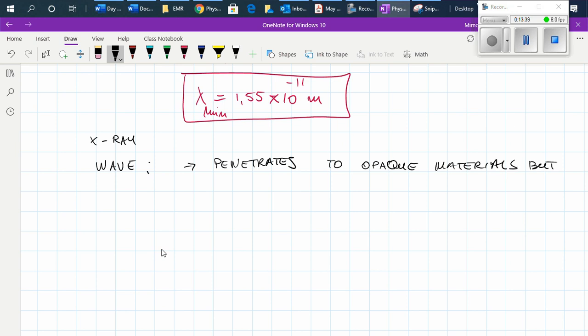This is why they are widely used in the medical field. And X-rays can be deflected by crystals.